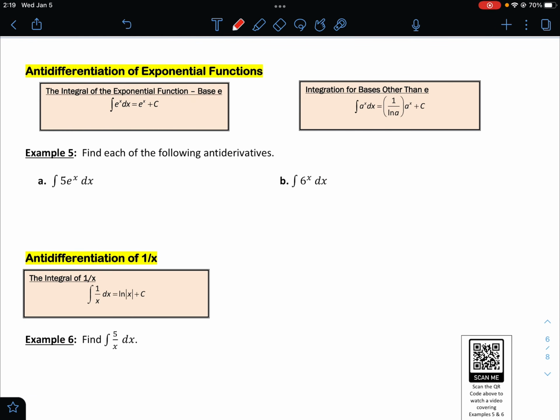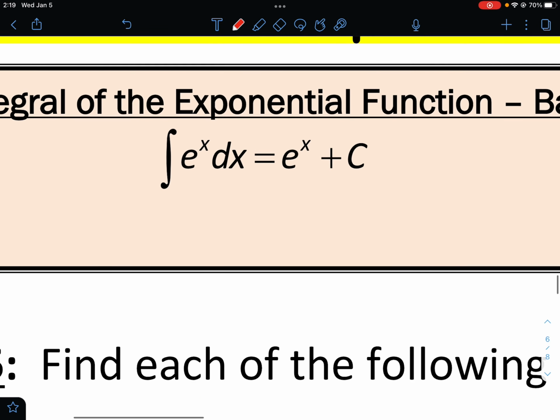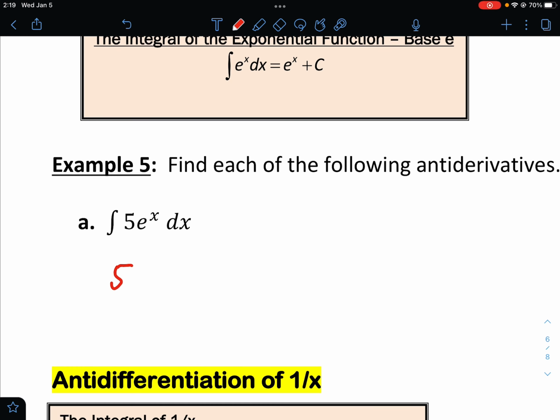Example 5, now we're talking about exponential functions, all right? Remember how we had the derivative of e to the x was e to the x? Well, guess what? The antiderivative of e to the x is e to the x. We love that e to the x function, right? So find the antiderivative of 5e to the x. That's just going to be 5e to the x plus c.